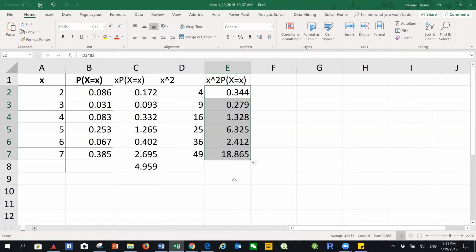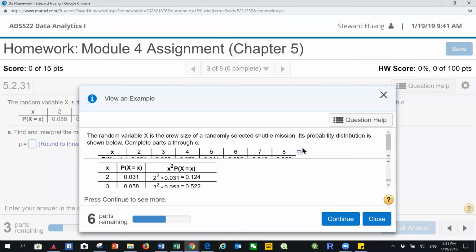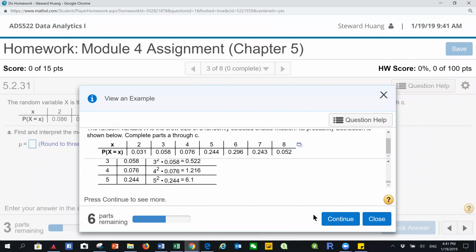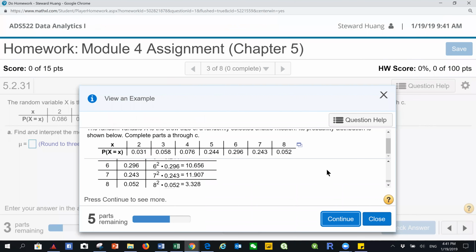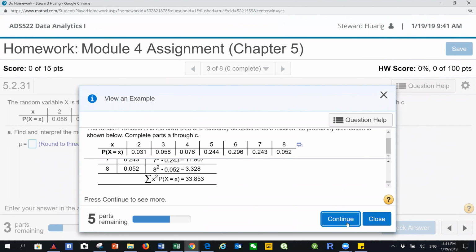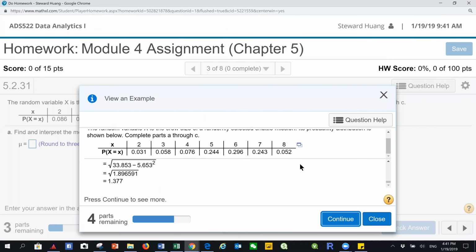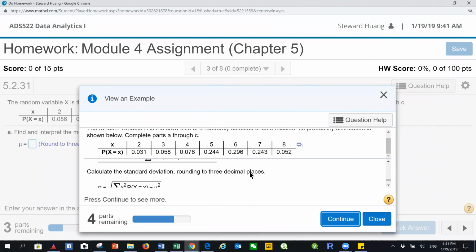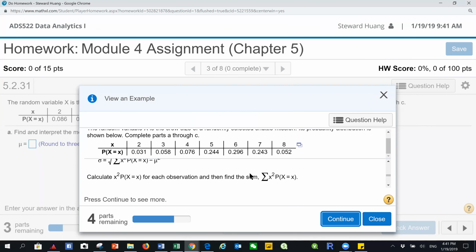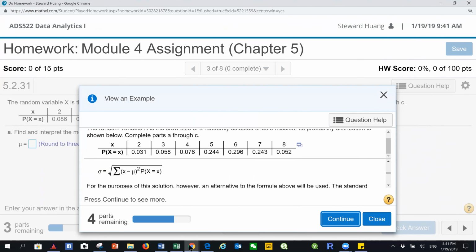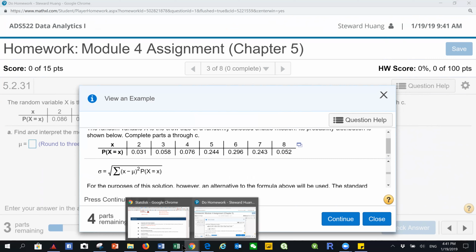And so that's a column, and then what should you do? You sum it up, but then subtract mu squared.